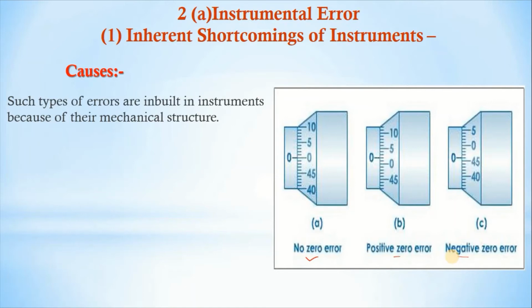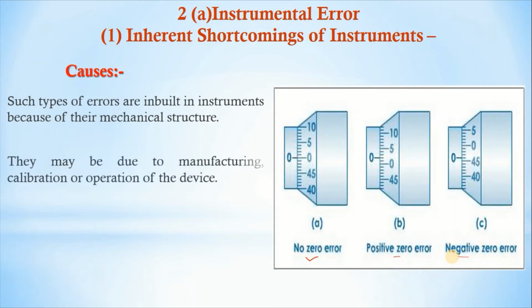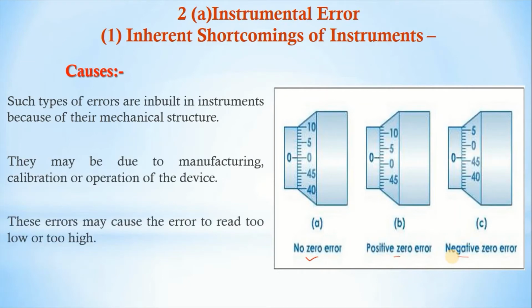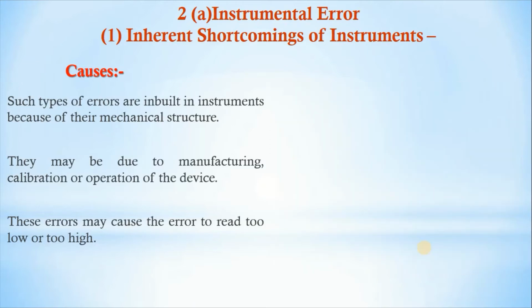This is an instrument which shows the error, that is a micrometer. They can be due to the manufacturing, calibration or operation of the device. So these errors may cause the reading to be too low or too high. If positive errors are there, then we measure the readings with a high value, and if negative errors are there, we measure the readings with a low value.